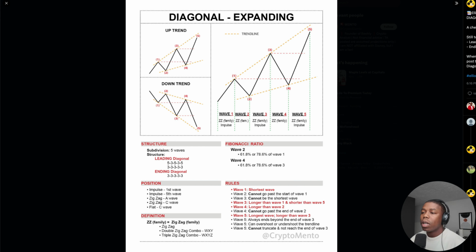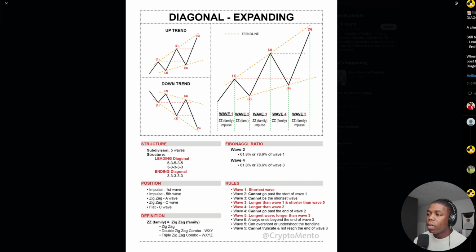So just want to go over the expanding diagonal just so you could see what it looks like. This is a 5-wave impulse structure. So you have on this big section right here, wave 1, 2, 3, 4, and 5. Over the course of these 5 waves, you have price going up on waves 1, 3, and 5, and you have price pulling back on waves 2 and 4.